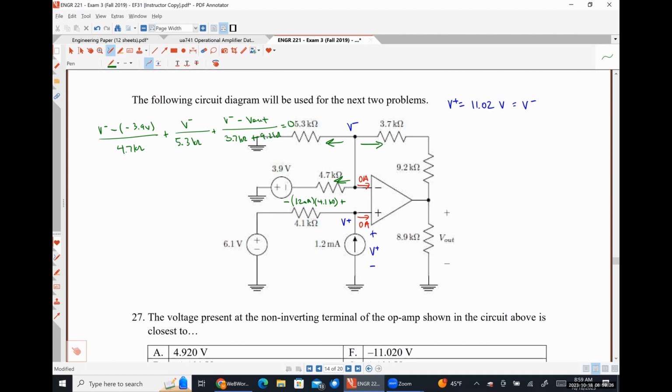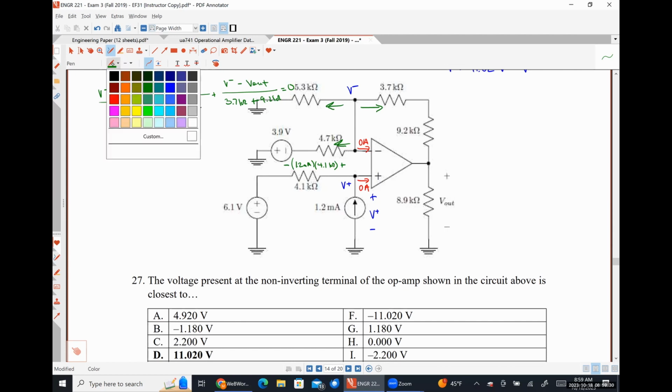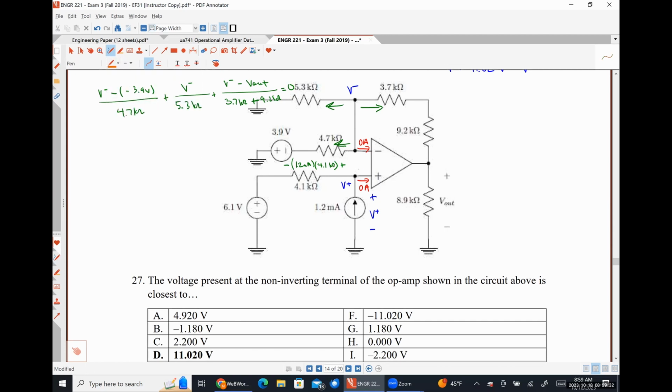So for this particular problem, let me show you what I mean here. Finding the Thevenin voltage of the system will actually make this part right here a little easier to figure out what V plus was, right? So if we were to disconnect this network, let me draw it over here.